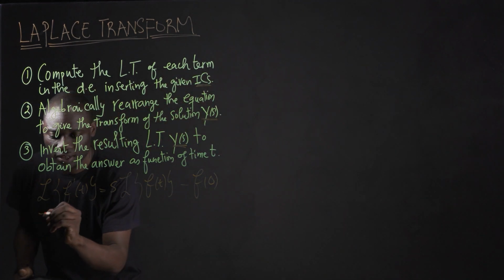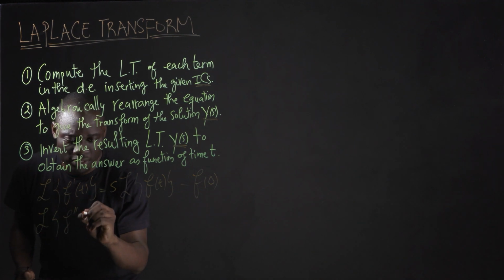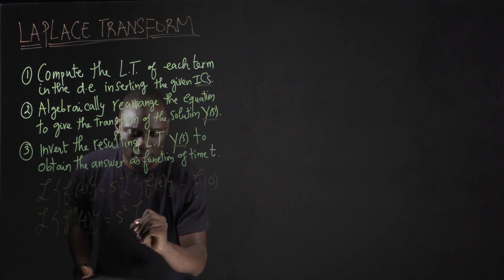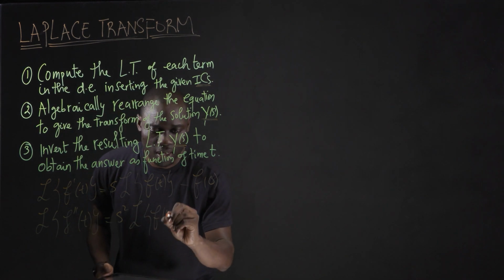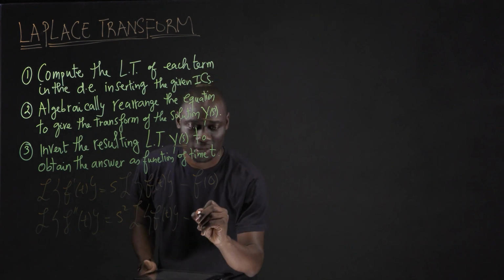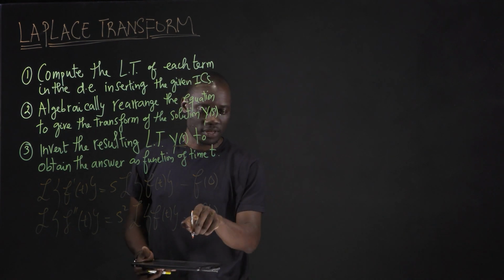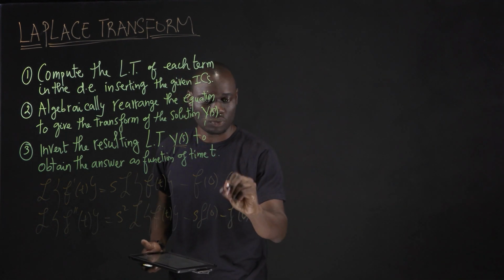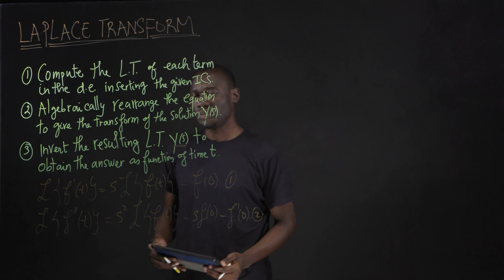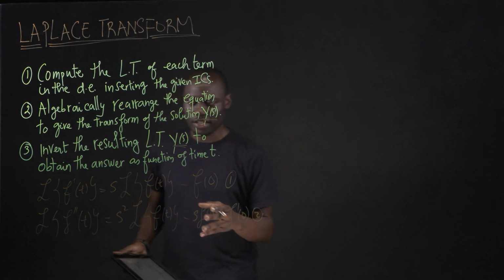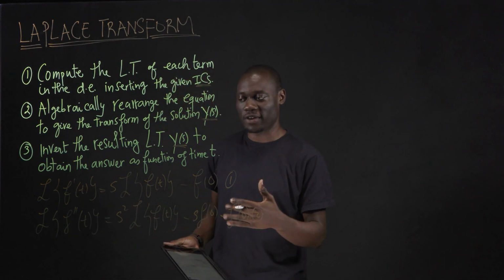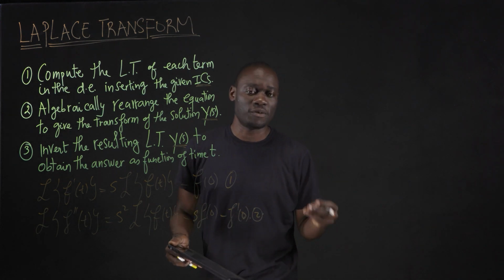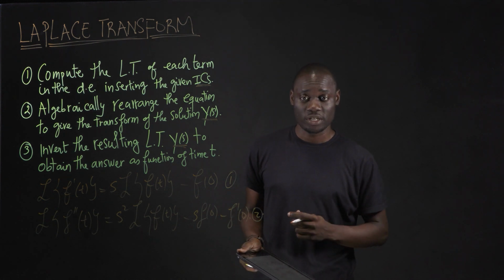And also that the Laplace transform of the second derivative of a function equals s squared times the Laplace transform of f(t) minus s f(0) minus f'(0). We call this 1 and we call this 2. Now, having the Laplace transform of the first derivative and second derivative expressed as such, you are able to solve a differential equation using the Laplace transform.